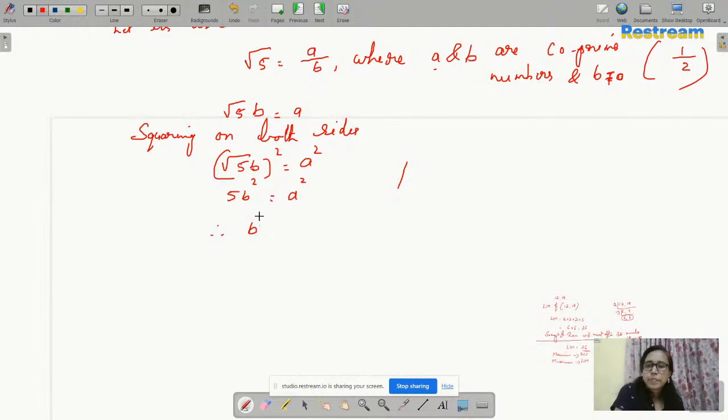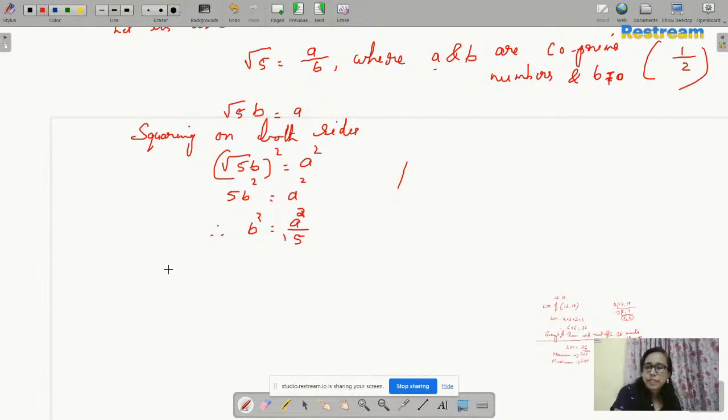Therefore, b square is equal to a square upon 5. Am I right? 5 will come down, so a square by 5. Now see the right hand side: a square divided by 5.